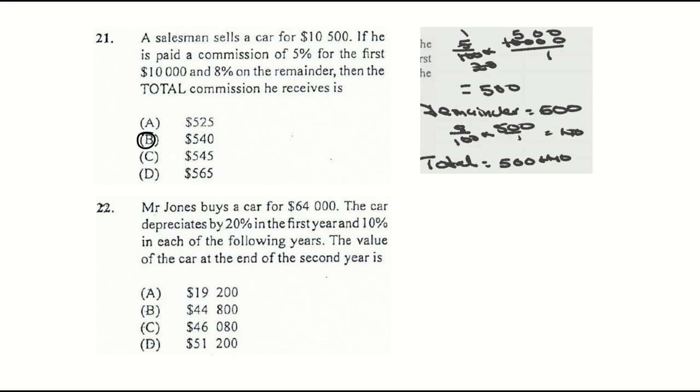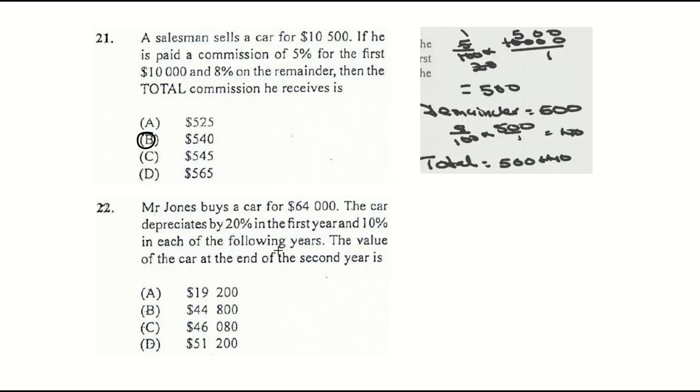We just now did this question. We said that Mrs. Jones buys a car for 64,000. The car depreciates at 20% in the first year and 10% in each of the following years. We said 20% of 64,000 was 12,800.